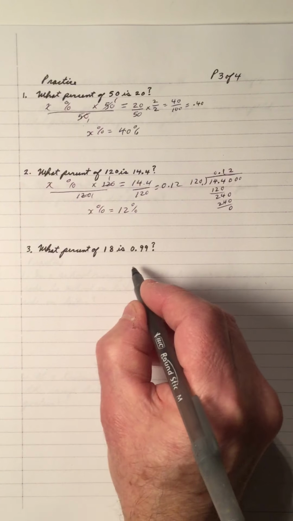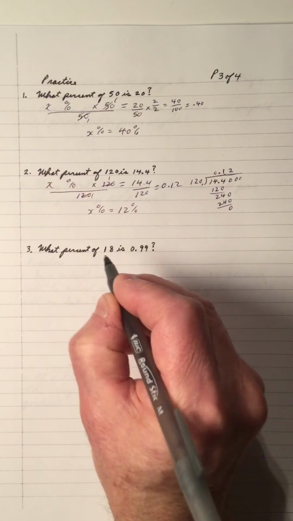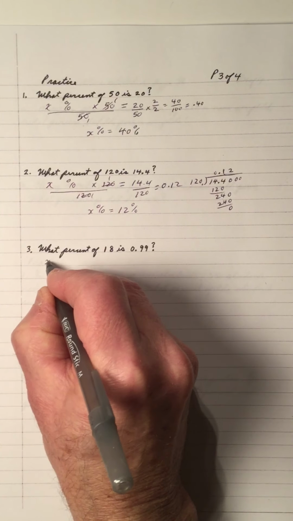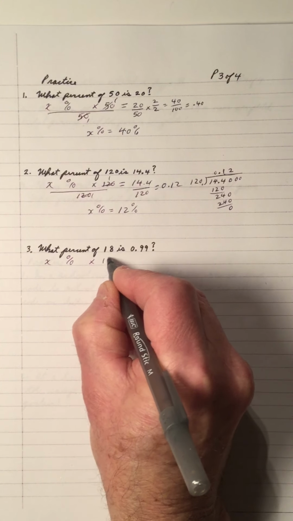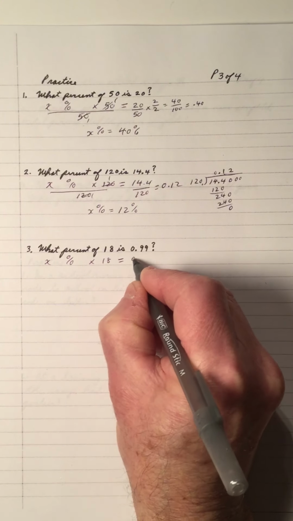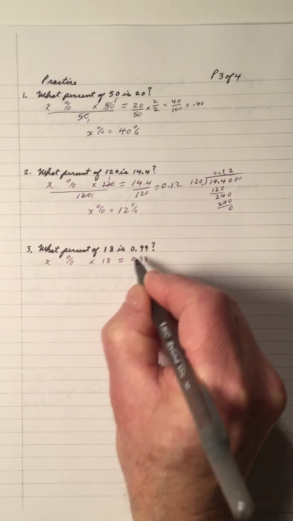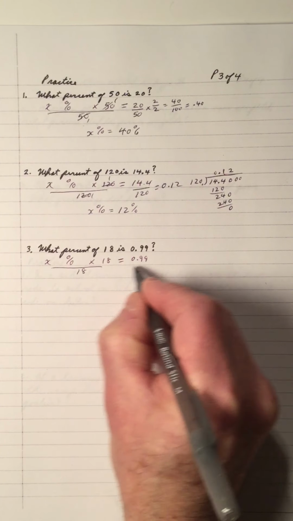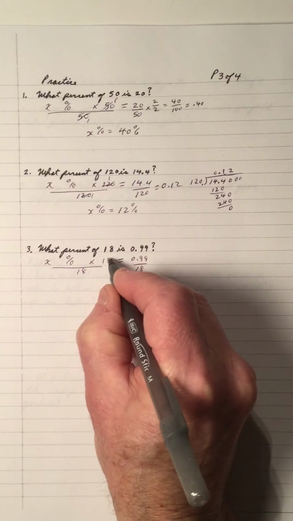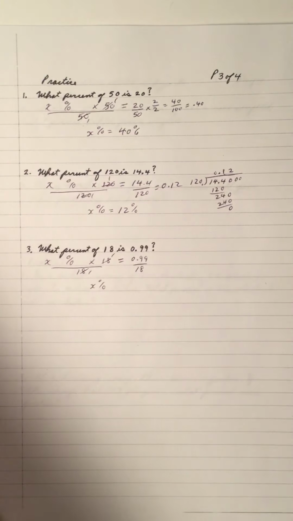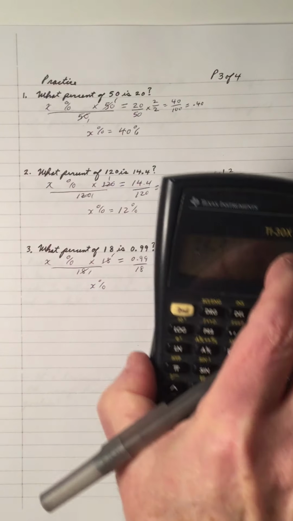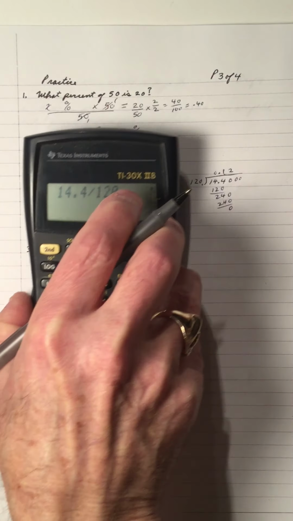Number 3, what percent of 18 is 0.99? x percent times 18 equals 0.99. Divide both sides by 18. They cancel out. You get x percent. Now, let's use a calculator just to make sure again. 0.99 divided by 18.